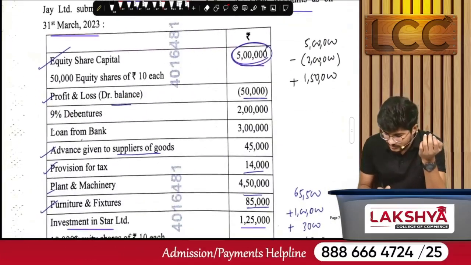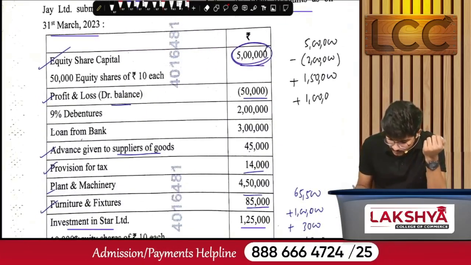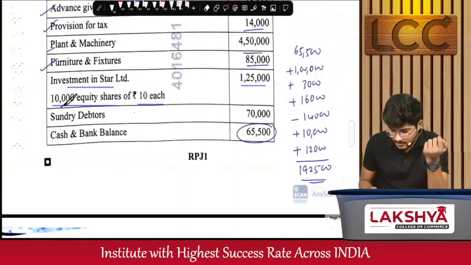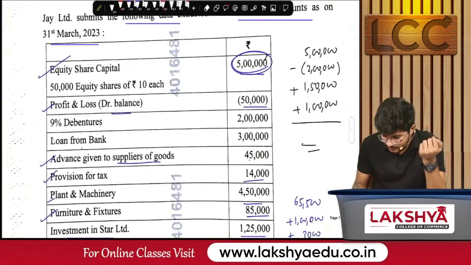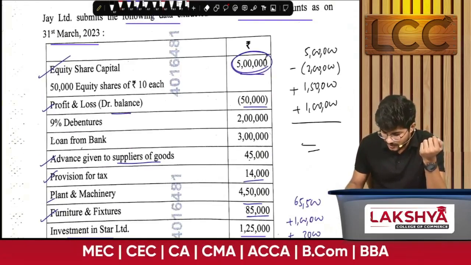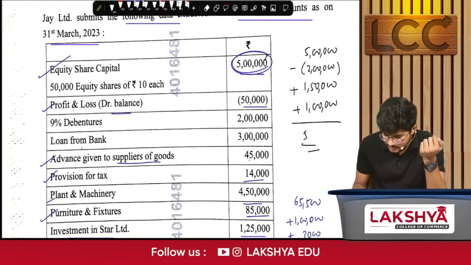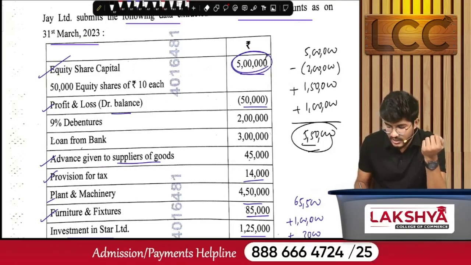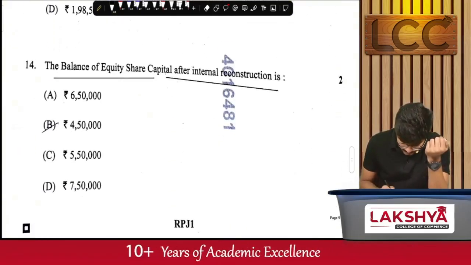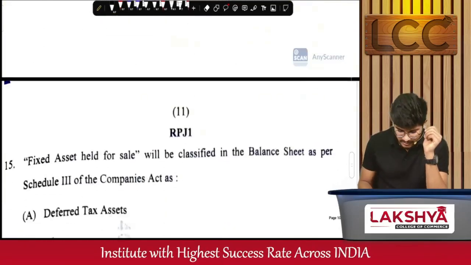So there is an increase in equity share capital by 1 lakh rupees. And nowhere else is there a point related to equity share capital. So the final answer will be 5 lakhs minus 2 lakhs plus 1,50,000 plus 1 lakh. The answer is 5,50,000 equity share capital. So 5,50,000 is the correct answer.